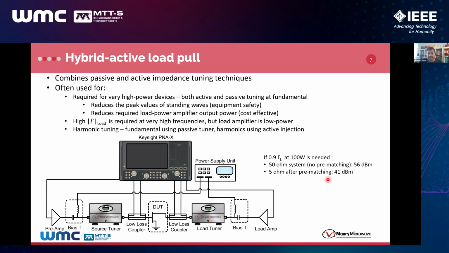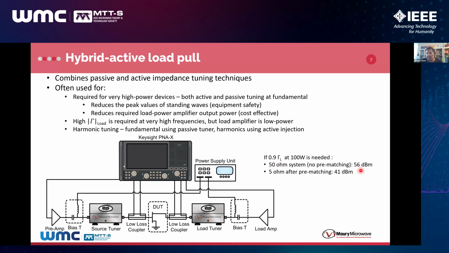I have a high power example here, but you can definitely apply the same thing to higher frequencies. So let's say your device needs 0.9 load gamma at 100 watt, and it is a 50 ohm system, with no pre-matching from your driver amplifier to your DUT.